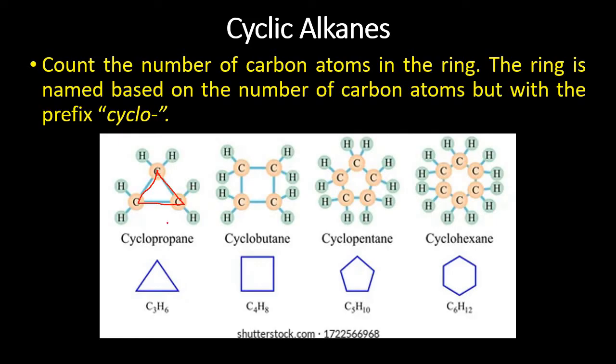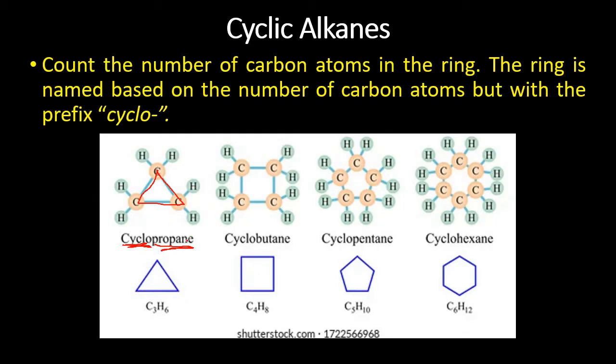So kapag 3, normally we name that as propane. Okay? But since yung carbon atoms natin ay nasa isang ring, we indicate cyclo in order to show that our propane is in a ring type or in a cyclic structure.